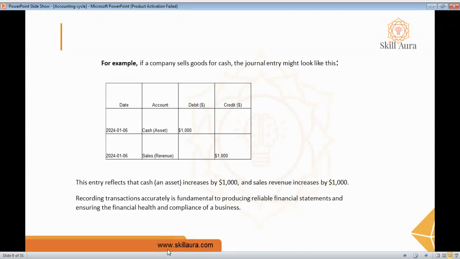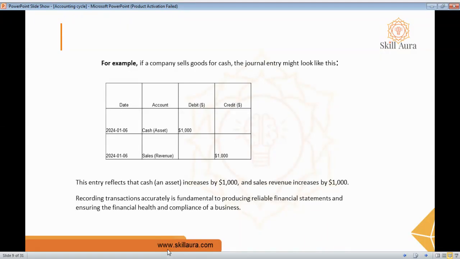So what we'll do in the debit column is add the amount which is given in the transaction, by entering the cash account in the account column, and the amount will be entered in the debit amount, and in the sales account we will enter the amount in the credit.